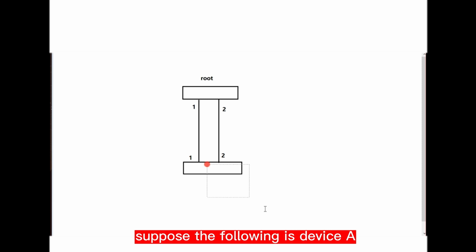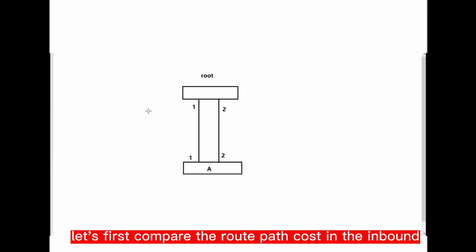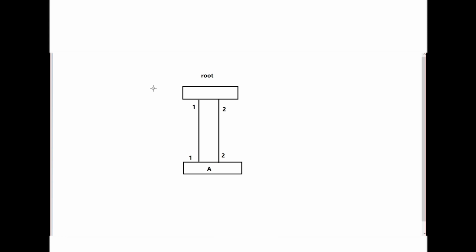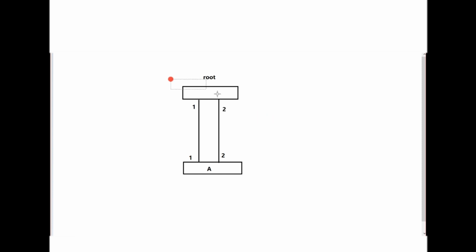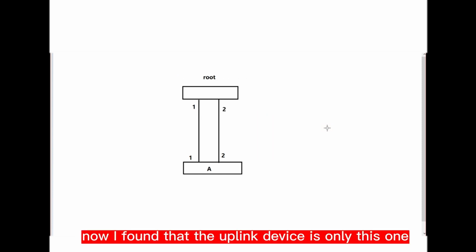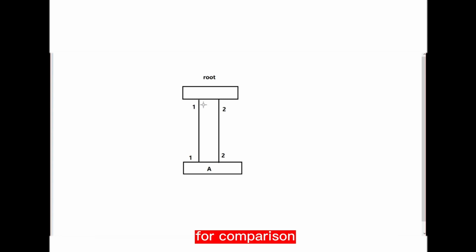Suppose the following is device A. I choose the root port for device A. Let's first compare the root path cost in the inbound direction. The default is 1. Can't compare. Okay, then compare the bridge ID of the upstream device. Now I find that the upstream device is only this one. If there is only one upstream device, then there is no way to compare. But we still have the port of the above device for comparison.